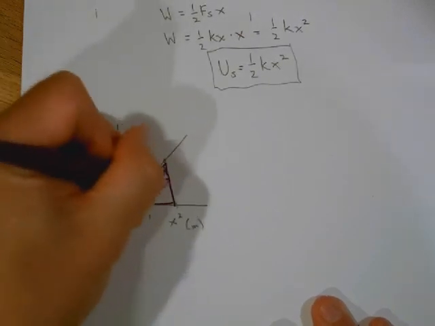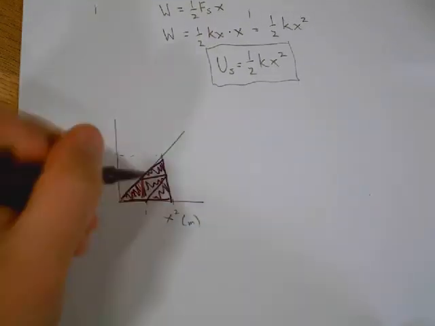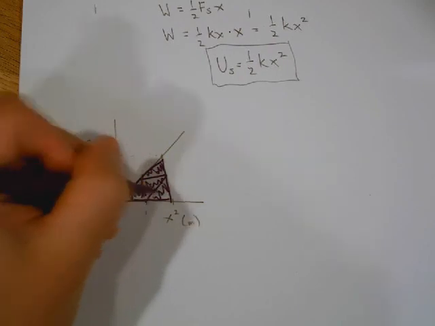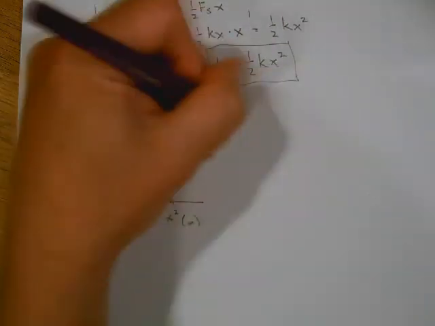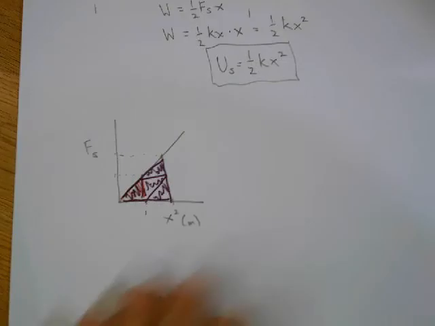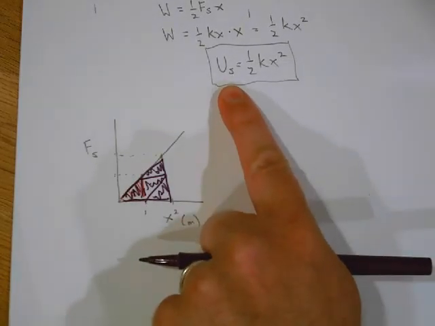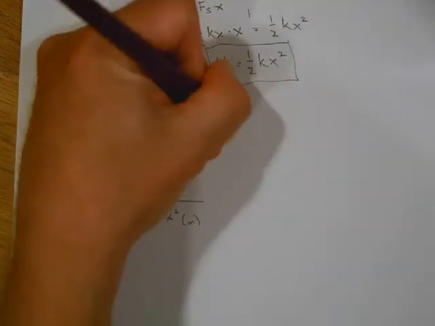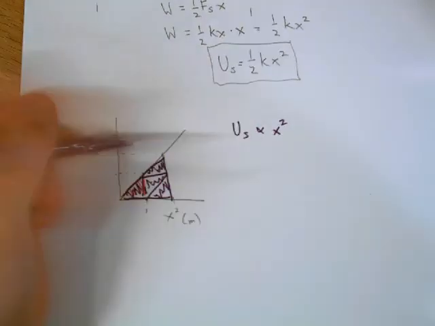So I have 1 red triangle, 2 red triangles, 3 red triangles, 4 red triangles. Do you see how this area is really this 1, 2, 3, 4? That means if you were to go from 1 to 2 meters, the energy stored is not going to be twice as much, it's going to be 4 times as much. Graphically, that should make sense.